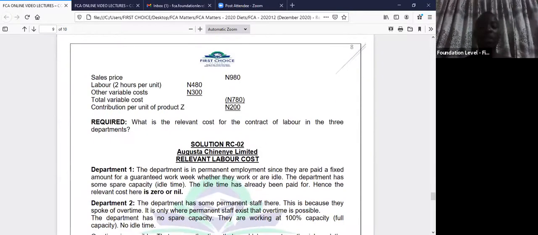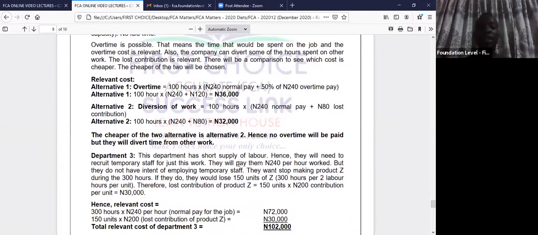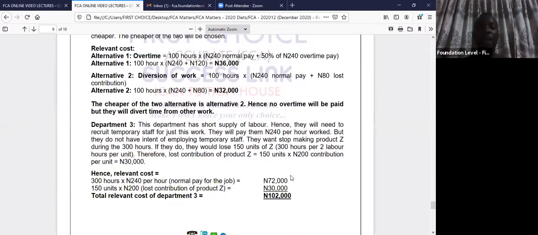So let's look at the third solution. They said the department is in short supply. So what happened here is this 300 hours that is being lost. They are going to pay them the normal 240 because you are diverting them to come and do that job. 300 hours that you need, you pay them the 240.